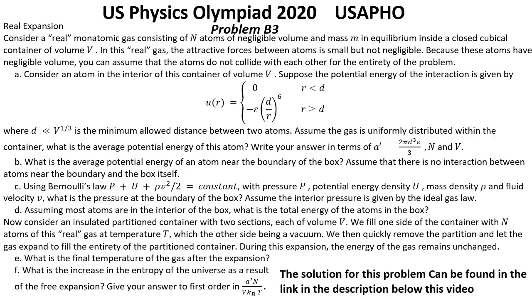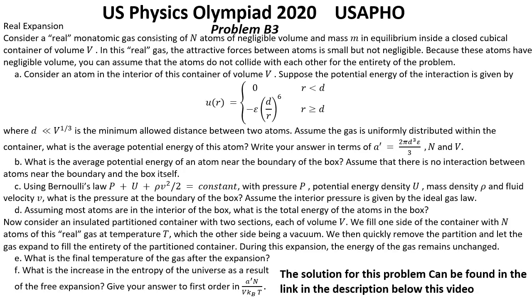Assume the gas is uniformly distributed within the container. What is the average potential energy of this atom? Write your answer in terms of a prime equal 2 pi d cubed epsilon over 3, n and V.